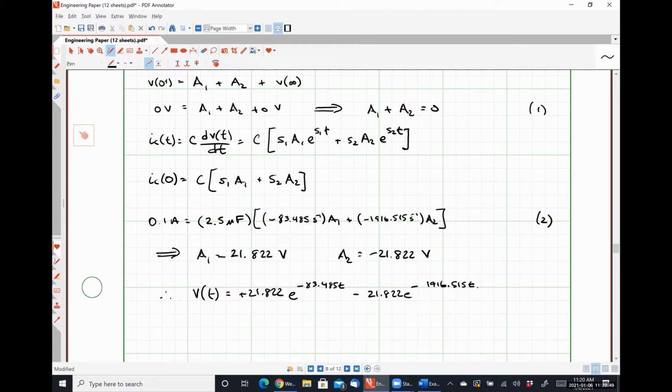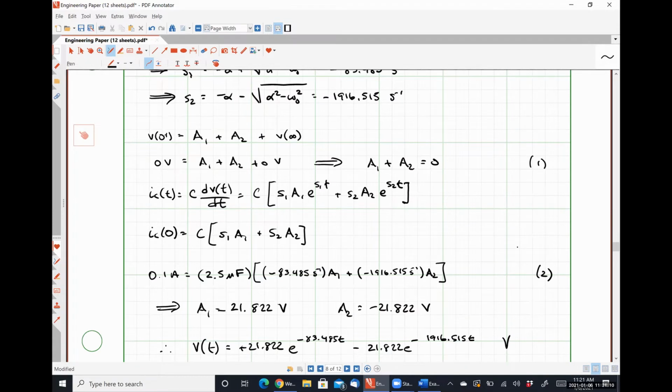Yeah, still getting 21.822 and negative 21.822 volts. Anybody else getting different things?